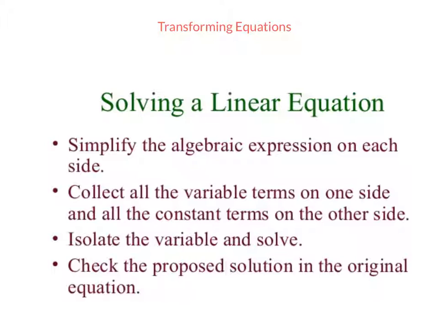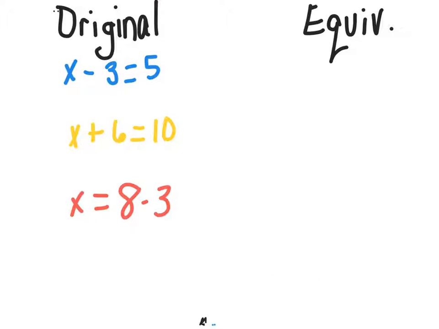So you want to get all the x's on one side and all the non-x's on the other side. Then you isolate the variable. You get x equals, and then whatever, you solve that, and then you check the proposed solution back into the original equation.